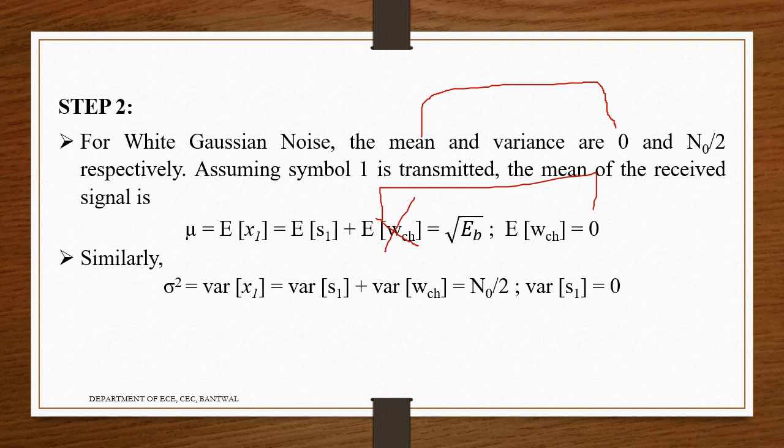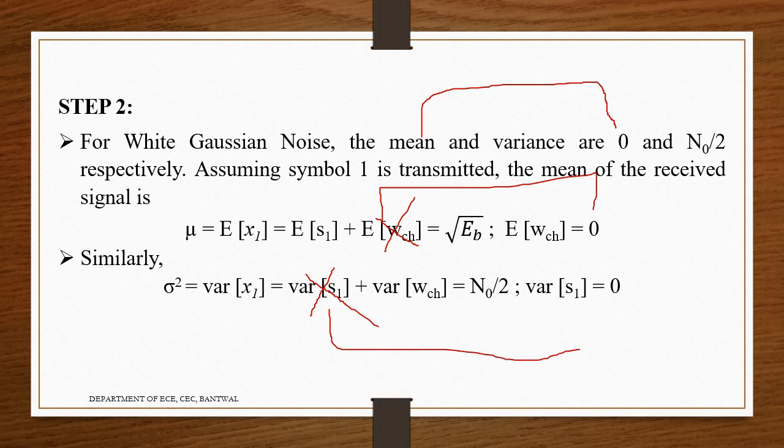Similarly, for the variance, sigma square is equal to the variance of x1, that is the variance of S1 plus the variance of W, the white Gaussian noise. But S1 is constant, not variable, as we have mentioned, so its variance will be 0, and the variance of the white Gaussian noise is N naught by 2.